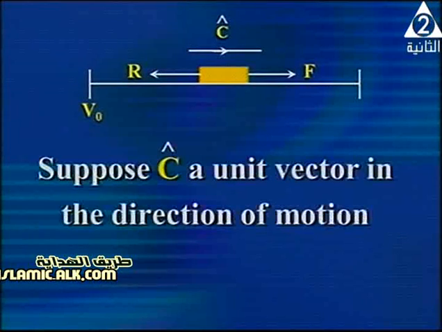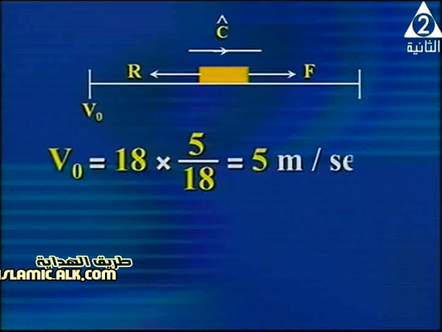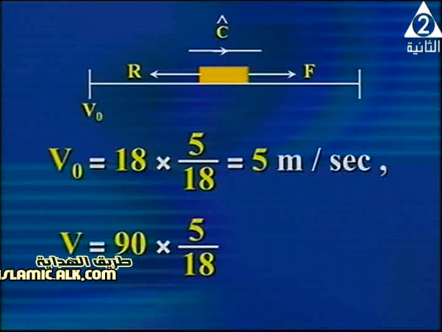Solution. Dear student, look at C, the unit vector in the direction of motion of the car. V naught equals 18 times 5 over 18 equals 5 meter per second. But the final velocity is 90, the velocity after the car covers the distance.